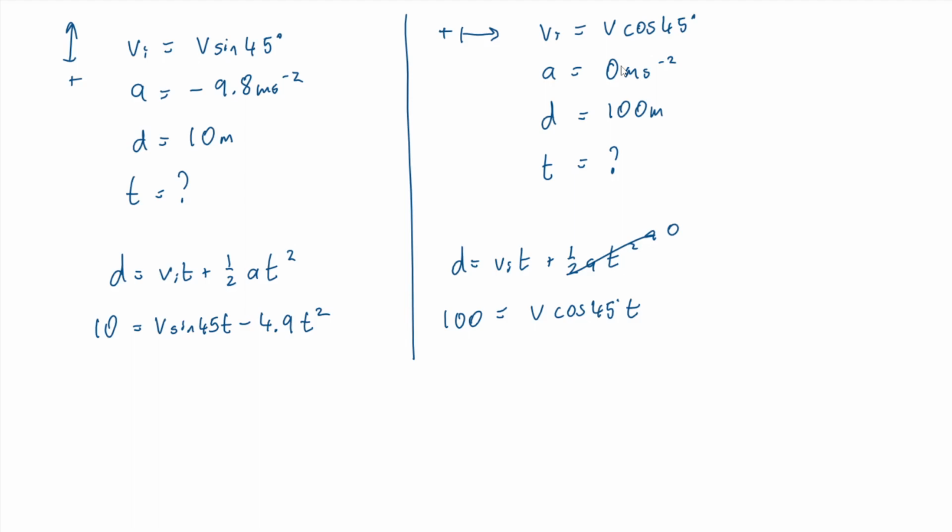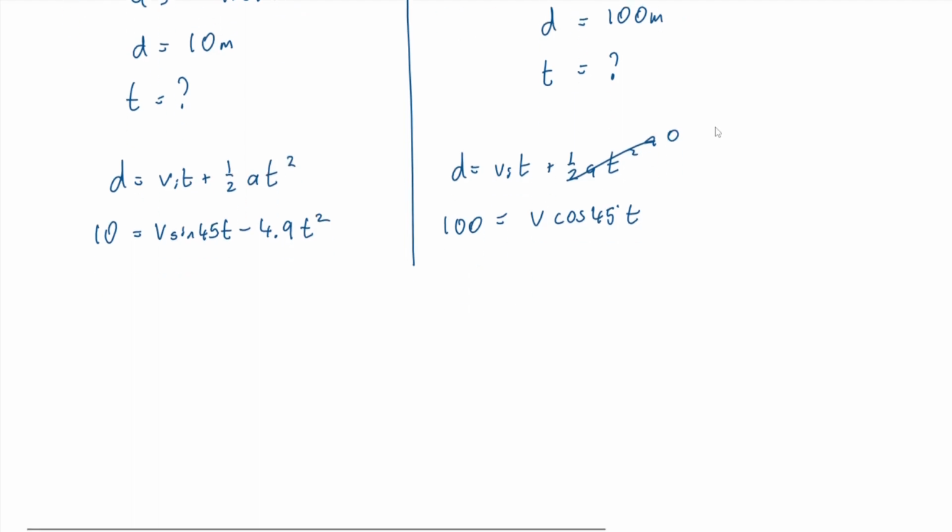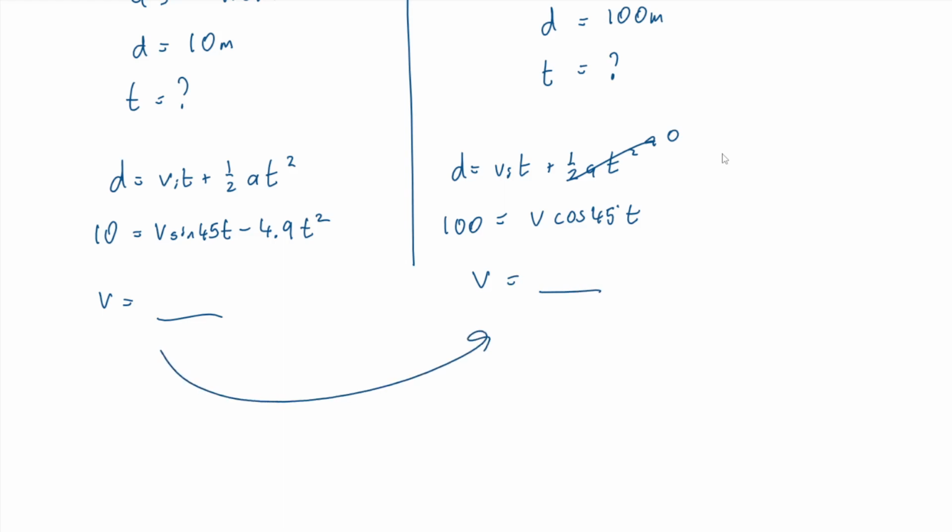Now looking at this, on the left hand side we have a quadratic equation, on the right hand side a linear equation. So there are multiple ways you could solve this. You could rearrange for v, equate them, so we'd be eliminating v, we then solve for t, and then back substitute to solve for v. That's probably easier.